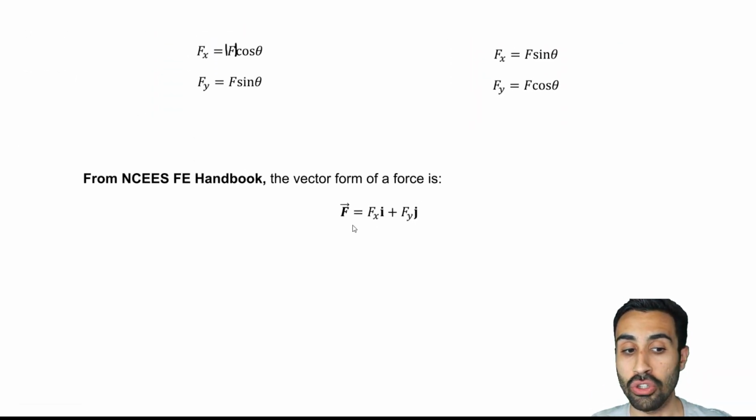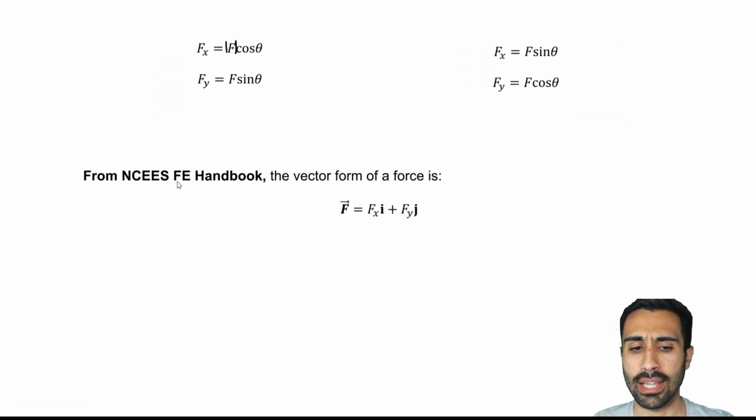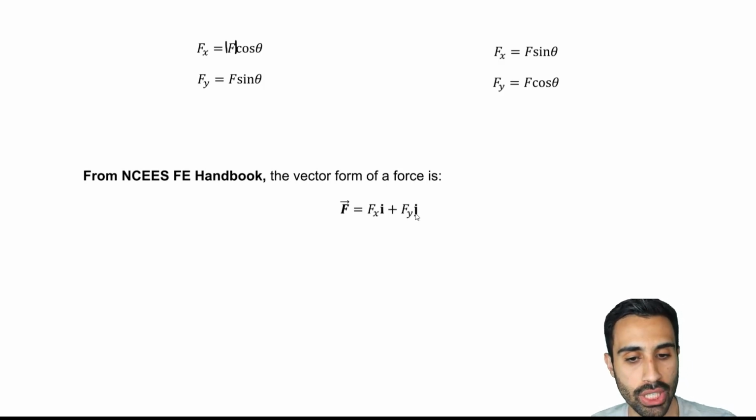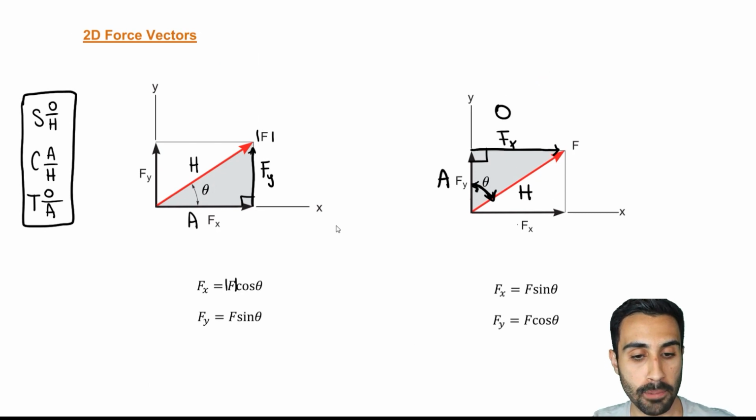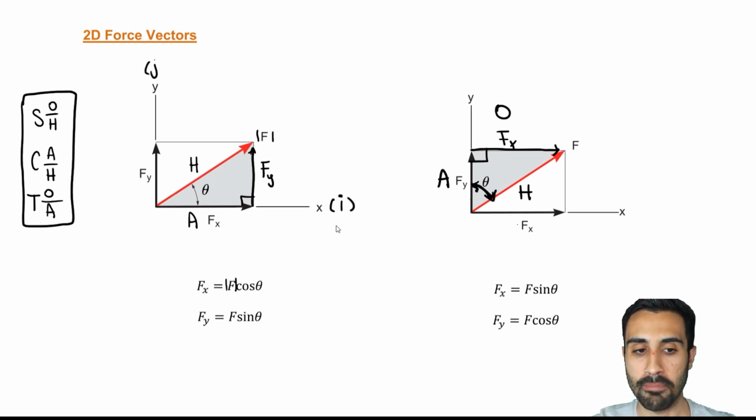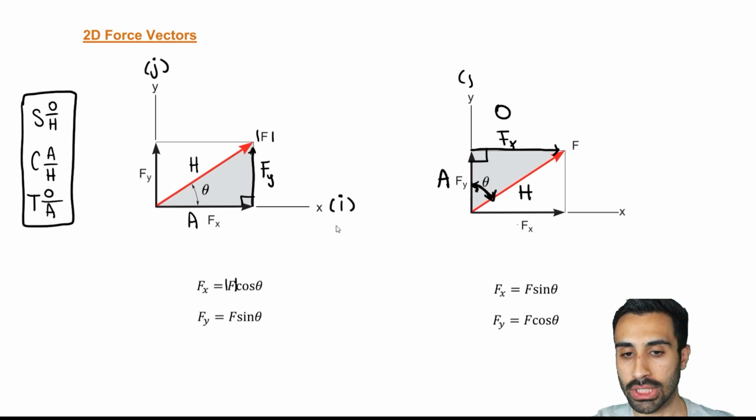So now let's denote that in the handbook. In the latest FE handbook, the vector form of a force is actually given in these Cartesian coordinate systems. And all this says is you have the i component and the j component. And we can go back up here. The i component here is going to be along the x. The j component is along the y. So this is j along the y, i along the x.